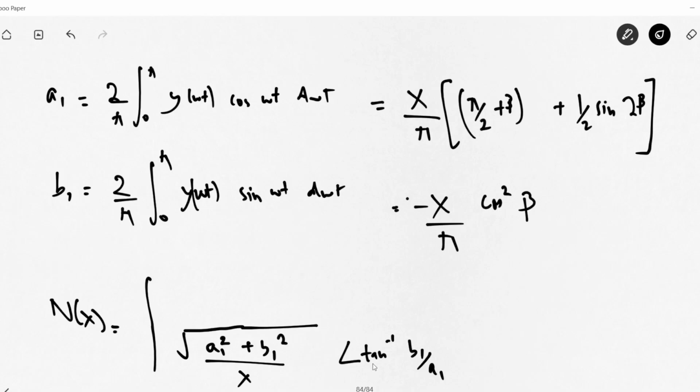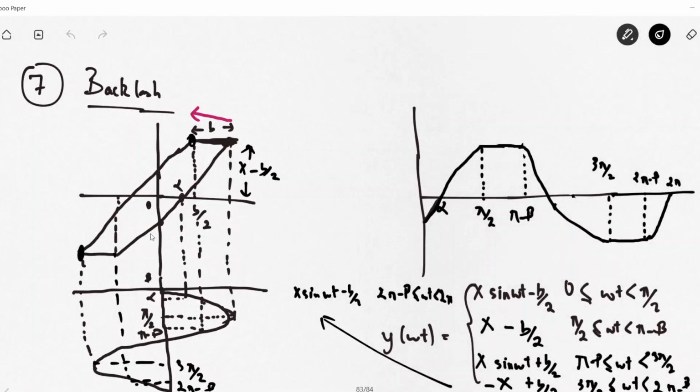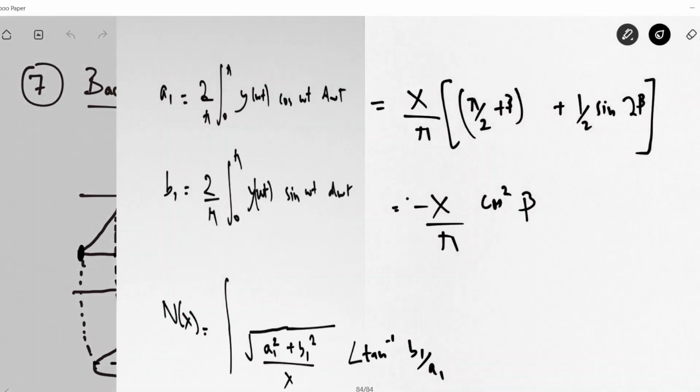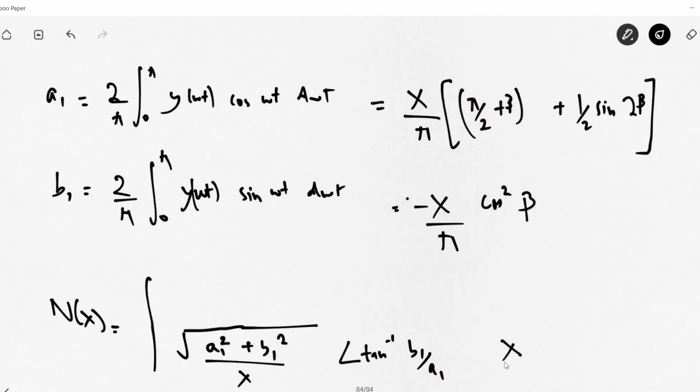This will be valid for x greater than b by 2. If x is actually less than b by 2, the sinusoidal input, the describing function will be equal to 0.